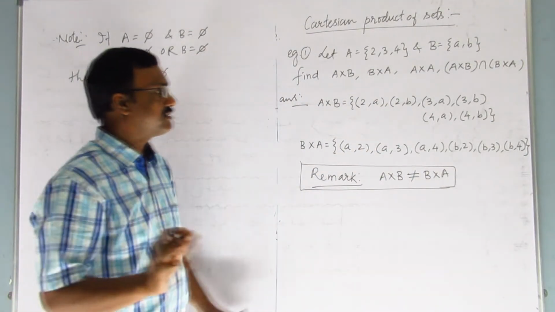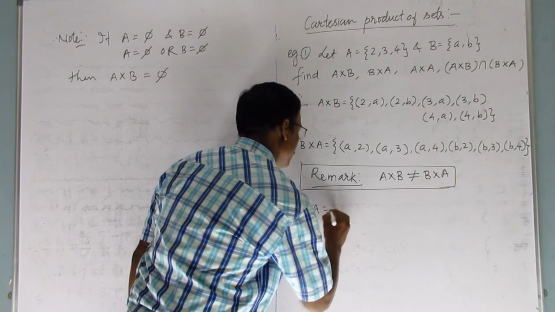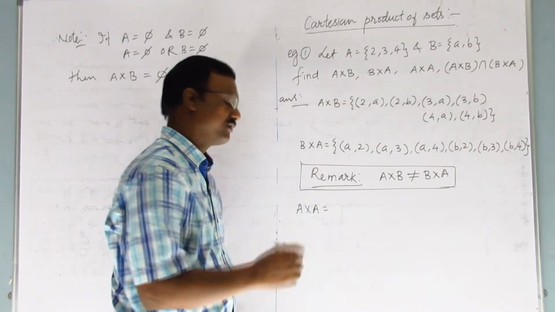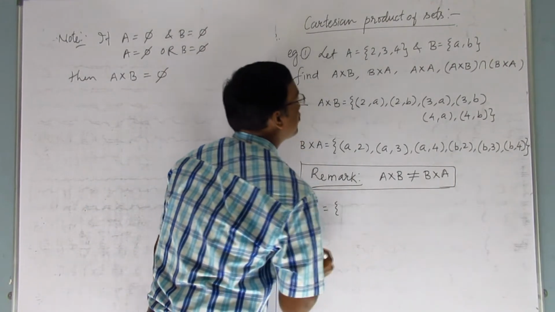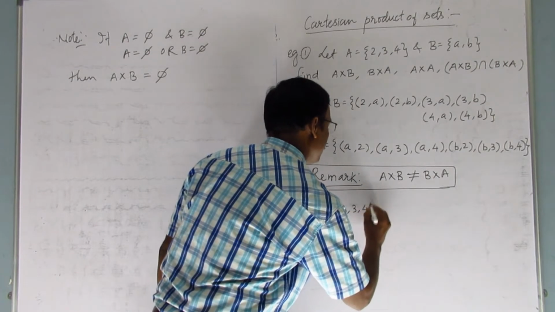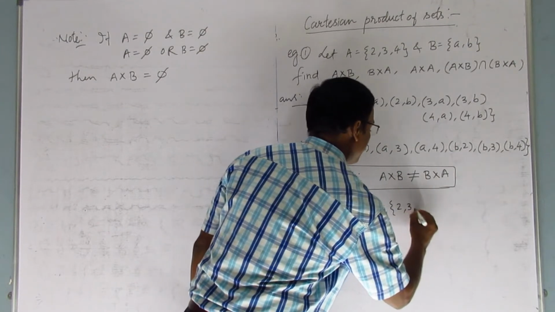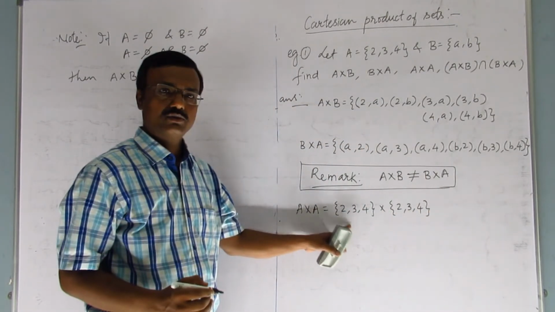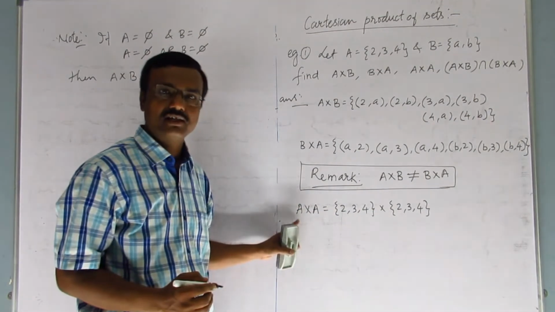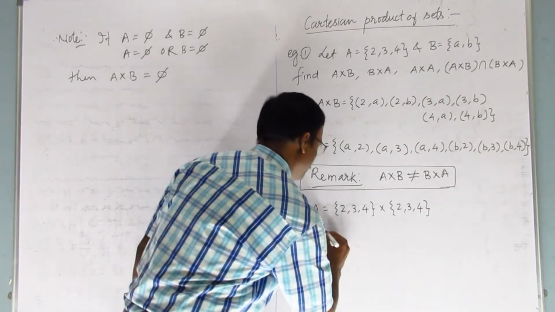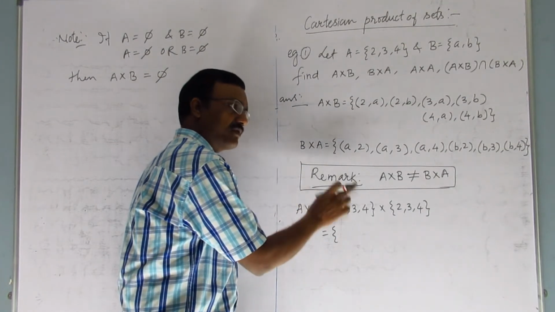Okay. Let us see the next one. A cross A. Yes, we can find out A cross A also. A cross A is the Cartesian product of A with itself. So for simplicity, I will first rewrite it here. So this is {2, 3, 4} cross again A, {2, 3, 4}. So this is how we have to place the same sets for finding the Cartesian product of A and A. So this will give first place elements from A, second place elements from A again.